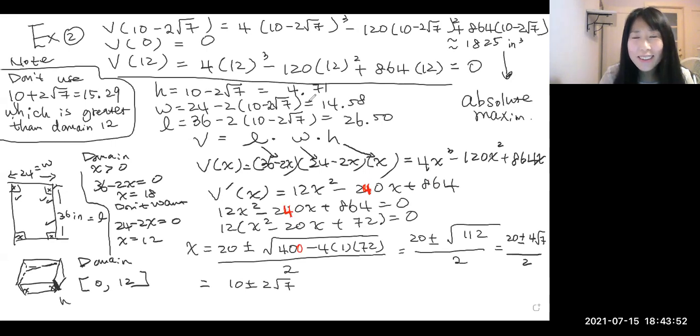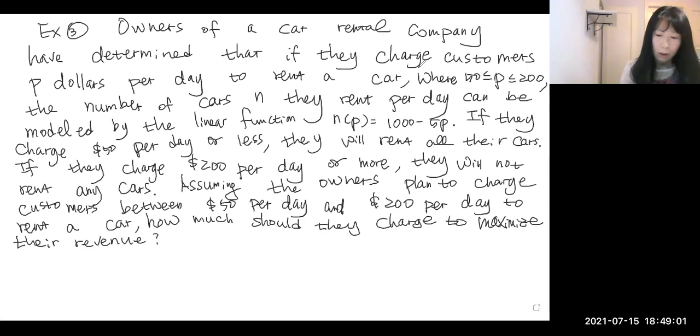Where is the one? Okay, so this is a very interesting problem, right? They have a linear function, N, for the number of cars rented per day. So they make a function of P, meaning the price in dollars.